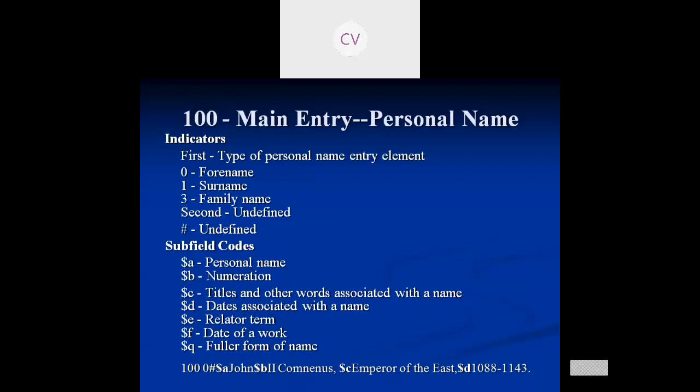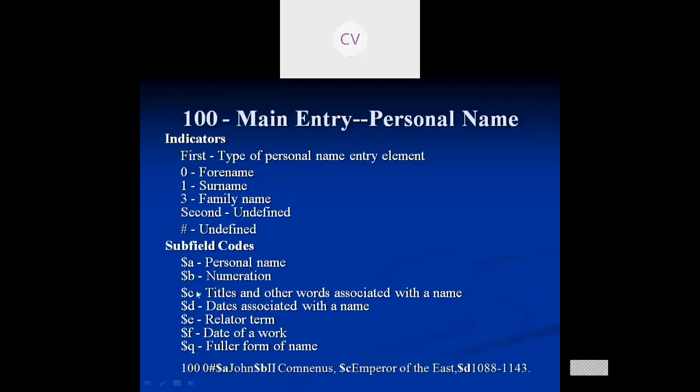The second indicator is undefined, blank. So in this example, the first indicator is 0, that is a forename. The second indicator is hash, that is undefined. The value of the second indicator of 100 will always be hash.